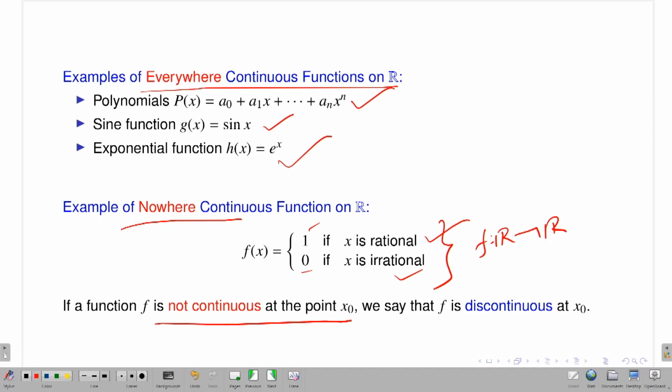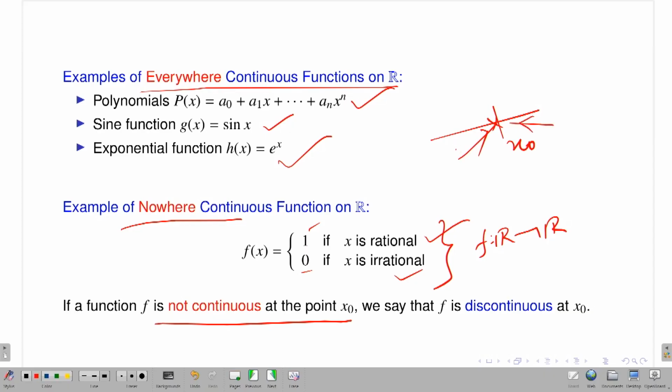In other words, to talk about the continuity of f at x naught, you just use the sequential criterion. Since f takes two different values, one if x is rational and another if x is irrational, you just take sequences. Suppose I want to talk about the continuity of f at a point x naught. Since rational and irrational numbers are both dense in R, given a point x naught, I can choose a sequence of rational numbers which converges to x naught.